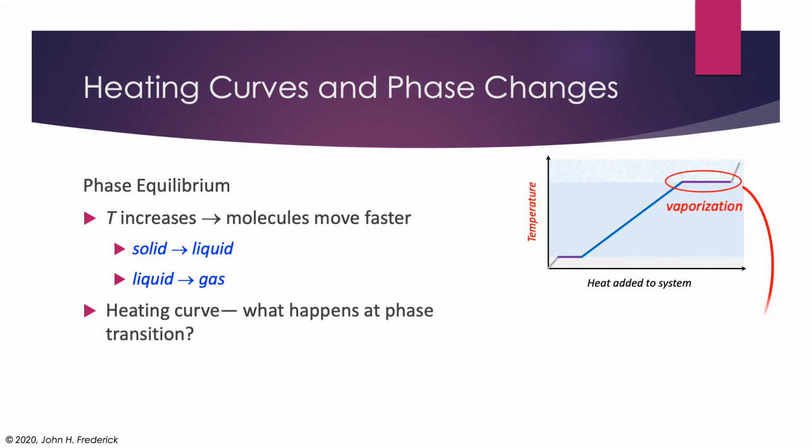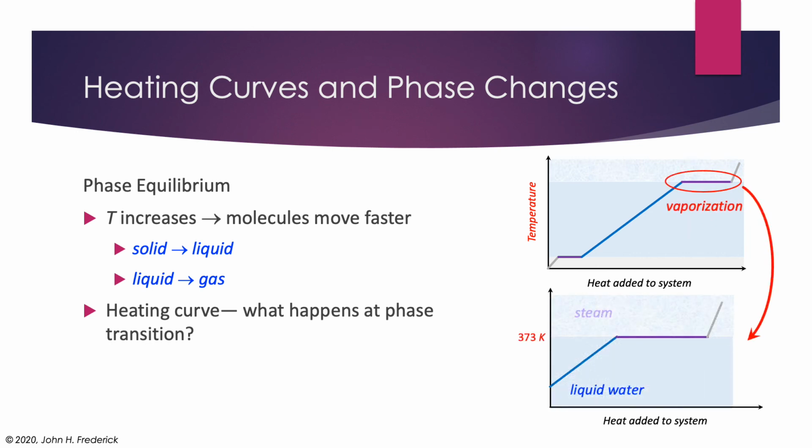But I want to look at this flat area because it turns out to be the place where vaporization is occurring. It's right at the boundary between liquid water and steam, as shown in the lower diagram. It represents a flat region in the temperature at 373 Kelvin, which is the boiling point of water. So what's happening here is that we have, in essence, a phase equilibrium going on at that big flat area.